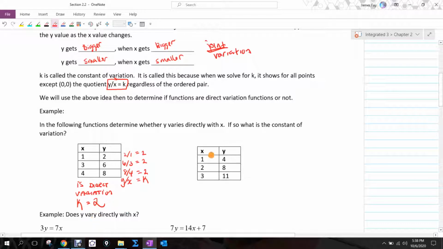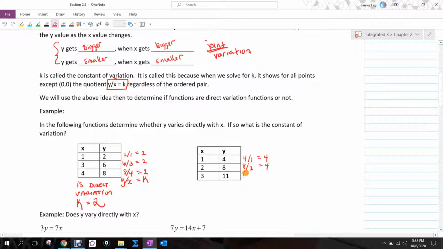Now here's a situation where maybe this definition is a little bit vague. As x is getting bigger, from 1 to 2 to 3, y is getting bigger as well. But let's take y divided by x. If I take 8 divided by x, I get that.